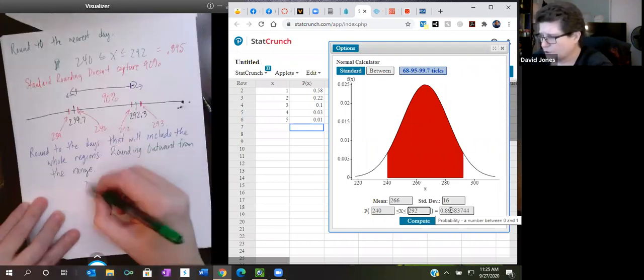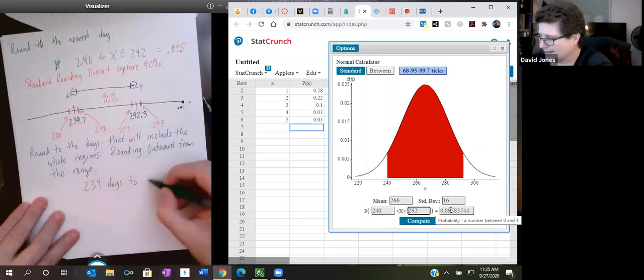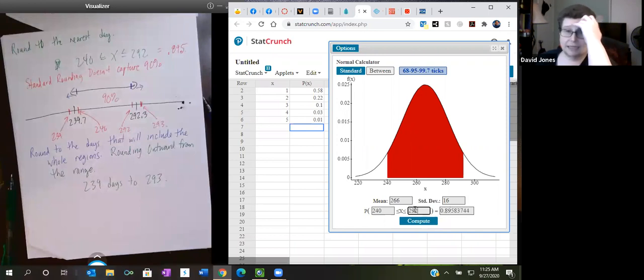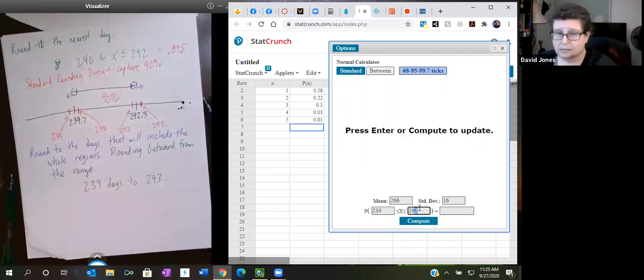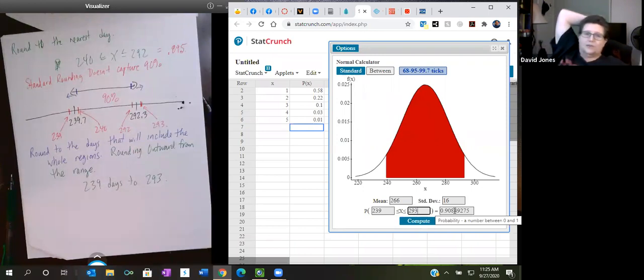So I'm going to use 239 days to 293 days. If I look at that, now I have the 90%. It's a little higher than 90%. It's almost 91%. But if I went any other way, I didn't get 90%. I had less than it. So this is kind of what you have to do.